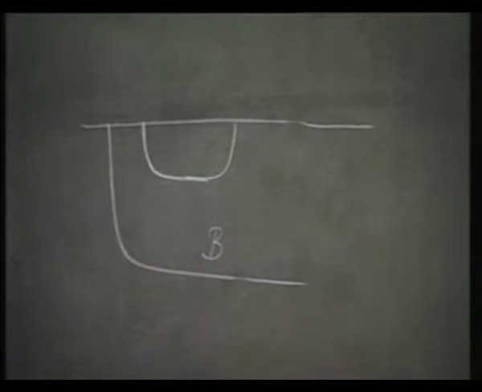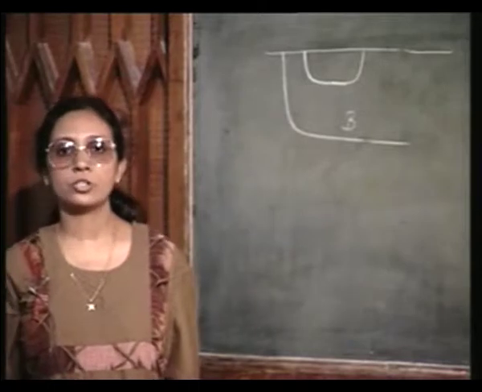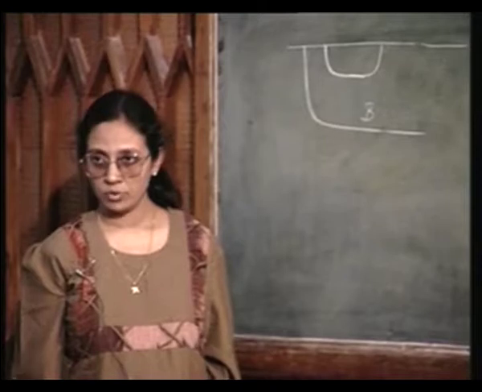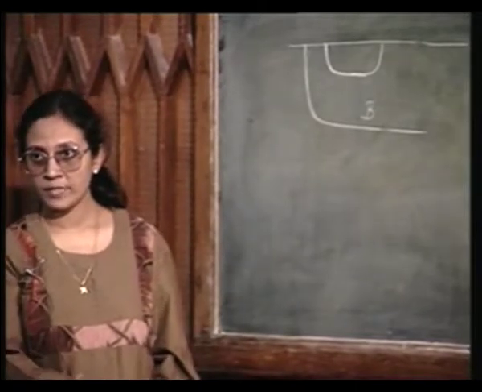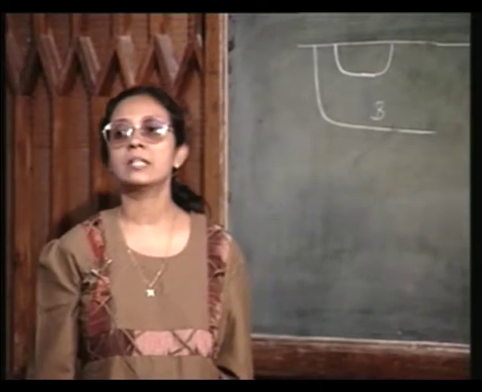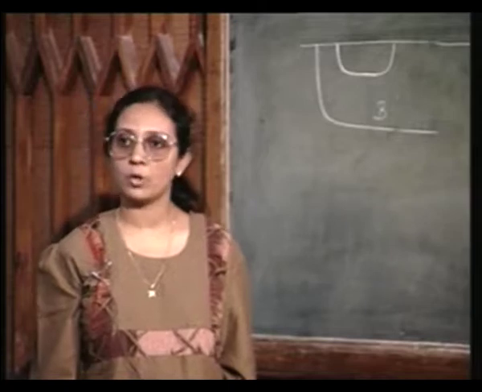How can you reduce the peripheral capacitance? By making the junctions shallower, not just reducing the emitter size, but also reducing the junction depth. Okay. So, for high speed transistors, it is very important that you have shallow junctions in addition to having smaller dimension.